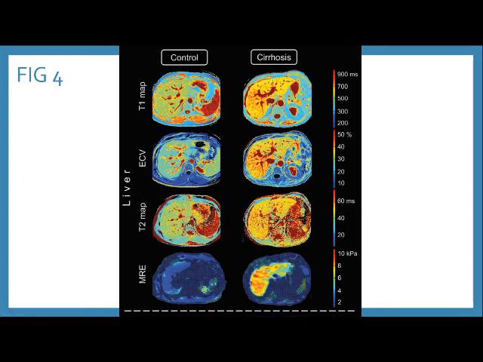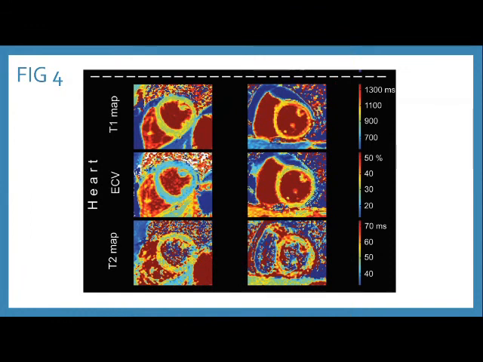Then also the MR elastography-based liver stiffness is showing a significant change. Actually, one of the main values or accomplishments of this study is focused on that, later. So the quantitative parameters are considerably higher in the patients that have cirrhosis.